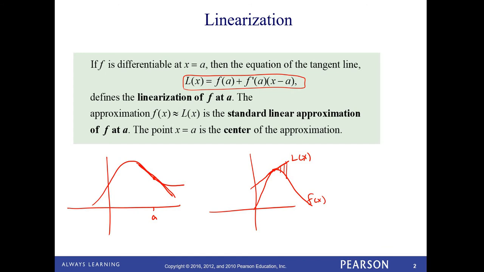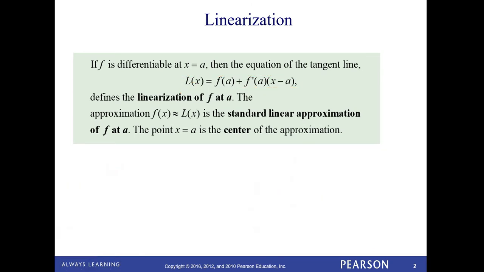Excuse me, I've got a bad throat today. So let's take a look at this equation. We're used to having a line written y minus y sub 1 equals m times x minus x sub 1.